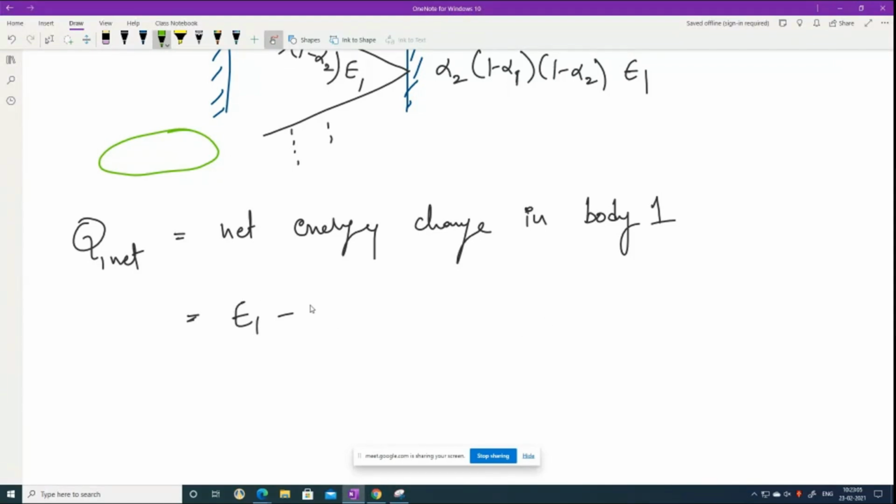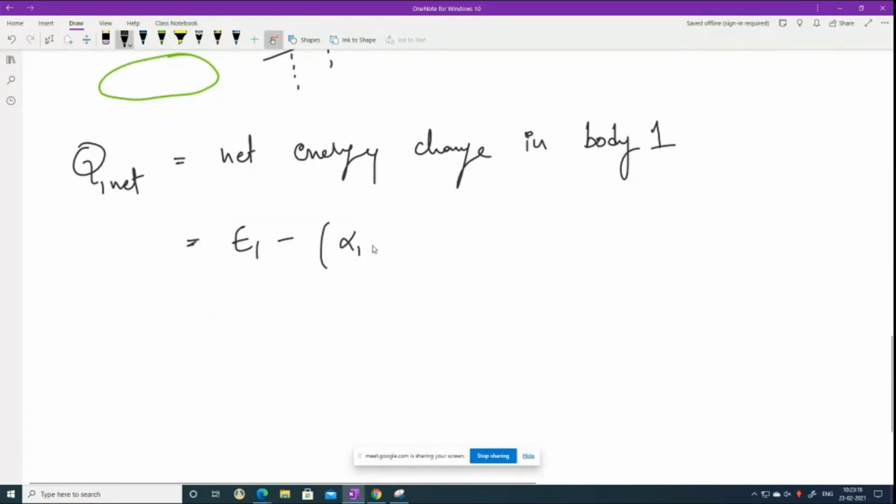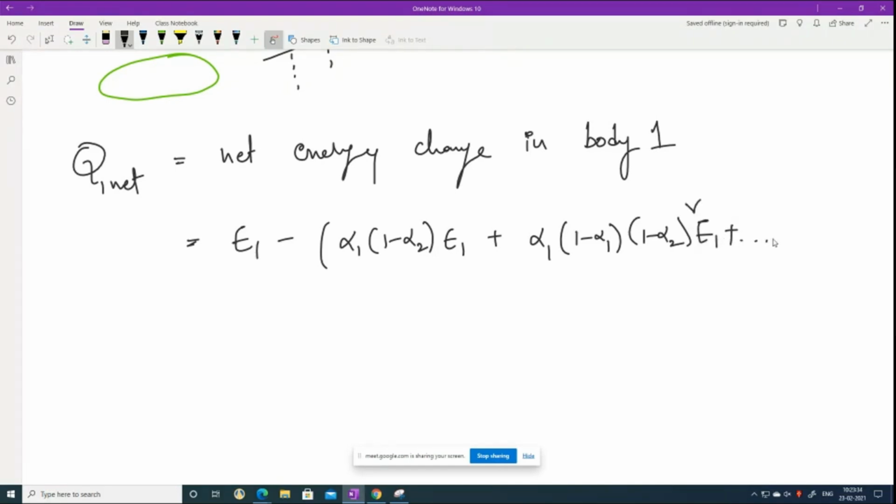So for that, here what I'll get, first term is alpha 1 into 1 minus alpha 2 into E1. What will be the other term? The other term will be alpha 1 into 1 minus alpha 1 into 1 minus alpha 2 squared into E1, plus so on, we will have the expression.